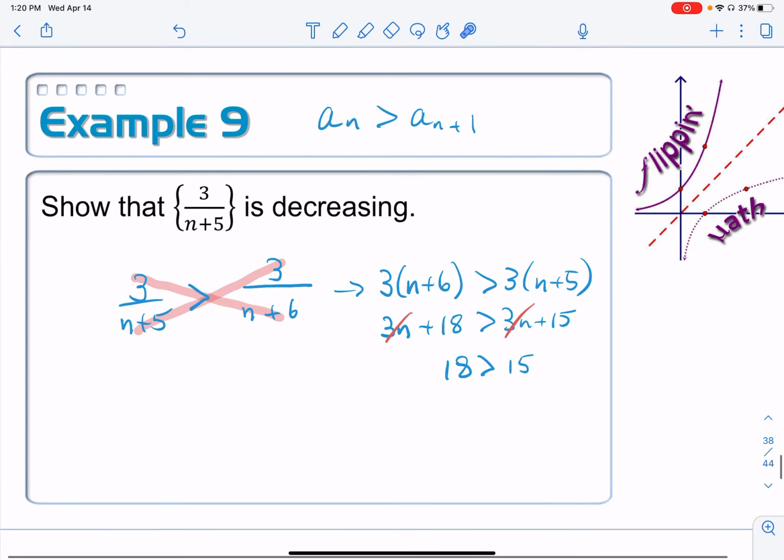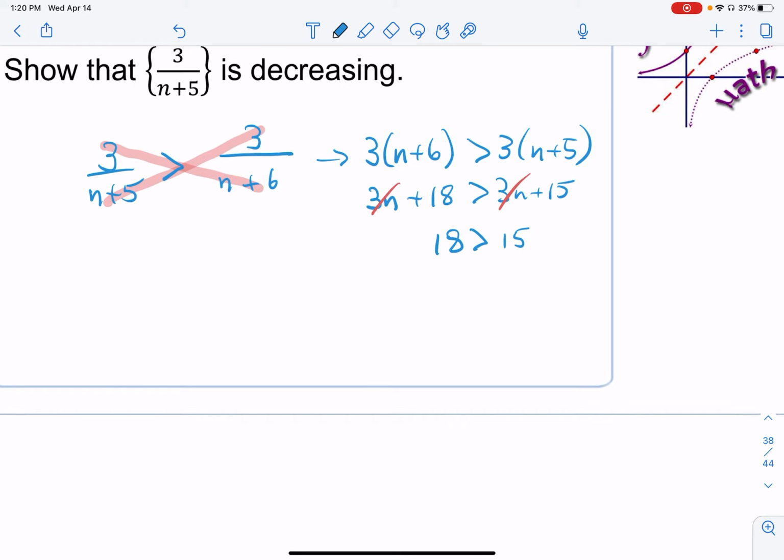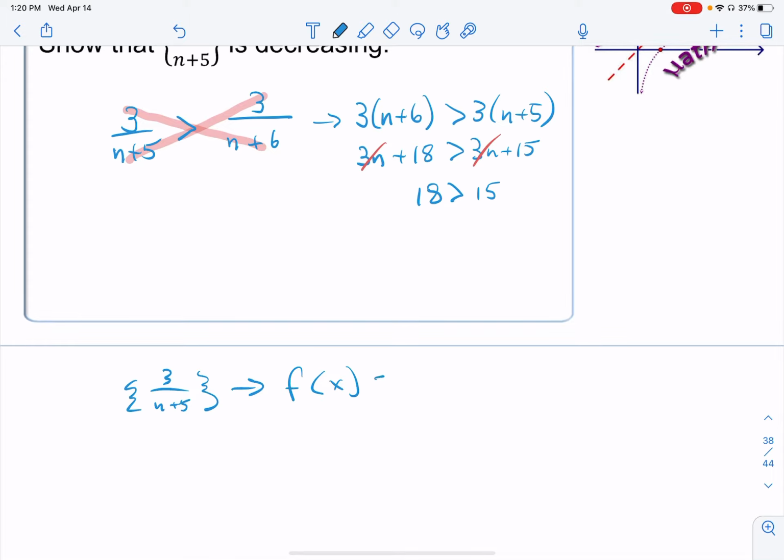So that's not the only way to do it. The other way to do it is to treat this as a function. You come up with a continuous function that you can take the derivative of. So let's say this 3 over n plus 5 is represented by the continuous function f of x equal to 3 over x plus 5.